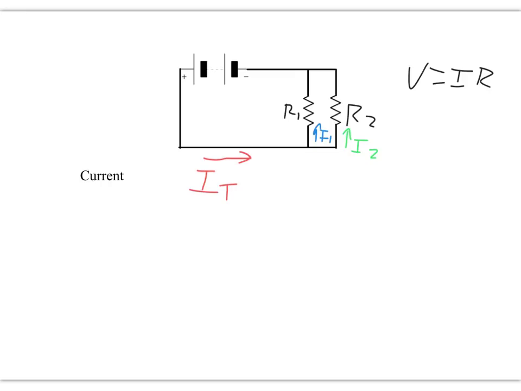Using this logic, we can write a general equation that says the total current in a parallel circuit is equal to the sum of the currents that flow through the parallel branches of the circuit. Each one of these is a branch that the current can follow. If we add more resistors, then that sum would be I1 plus I2 plus I3 plus I4 plus however many individual current pieces we have, all of which must add up to the total.